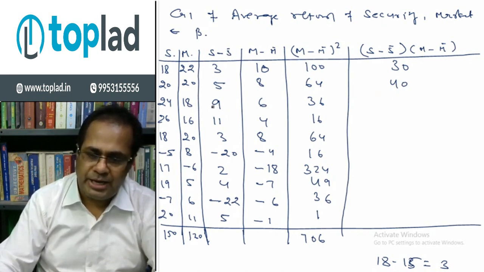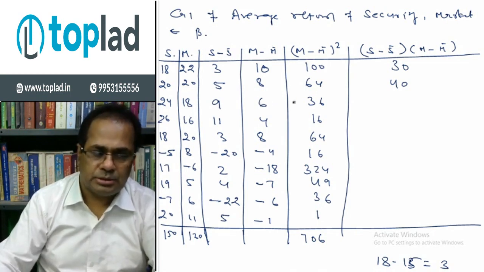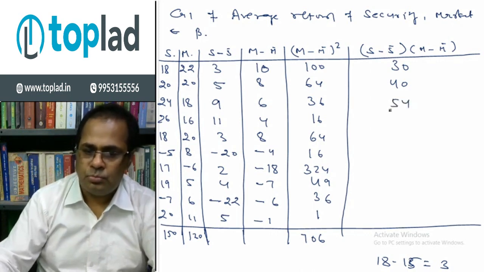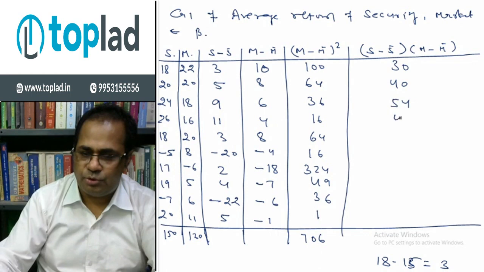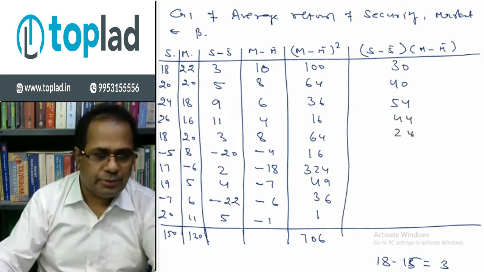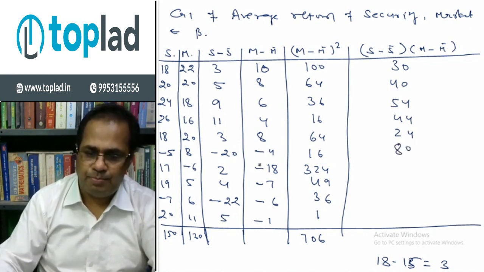Similarly, 9 into 6, this is 54. 11 into 4, this is 44. 3 into 8, this is 24. Minus 20 minus 4, this is 80.